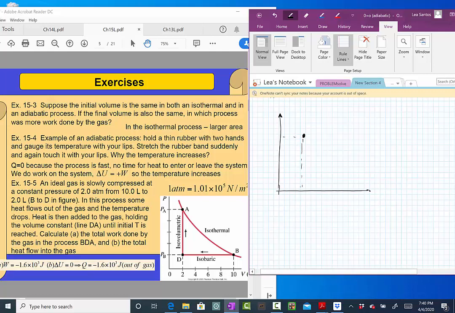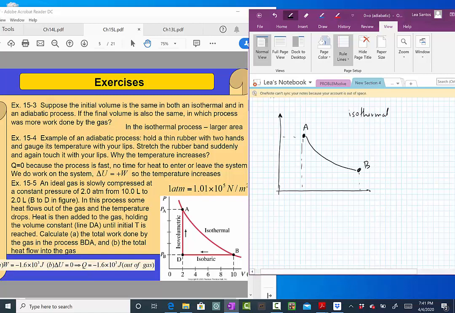Now remember what we discussed. In the isothermal process, the temperature does not change. So we go from this point, let's call it A, to this point B. And again, PA, VA and PB, VB have to be the same value because the temperature is constant.